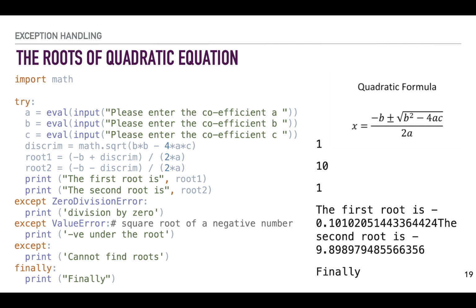So I encourage you to run this program and try to experiment with different inputs that may lead you to execute different cases. For example, you may try to input words like a string for the numeric and see if this case is covered and what you're going to get.